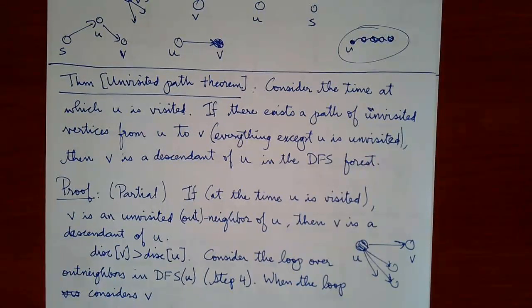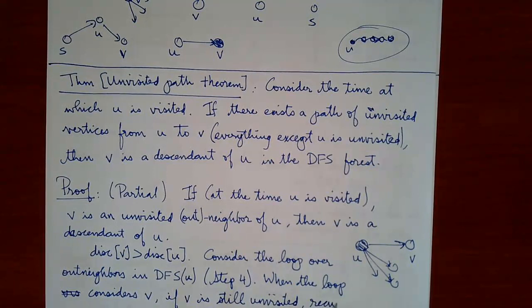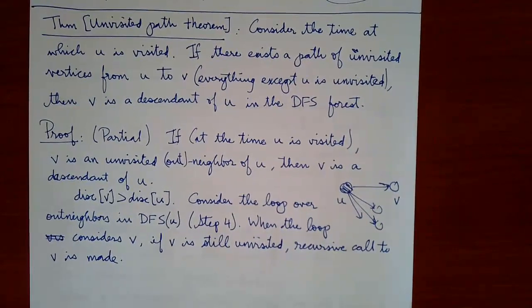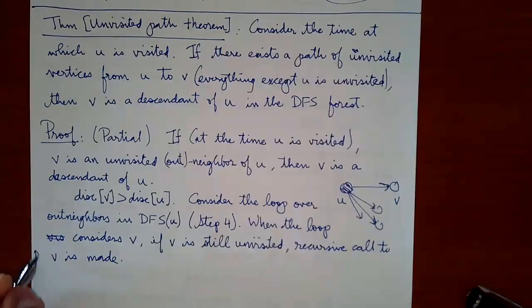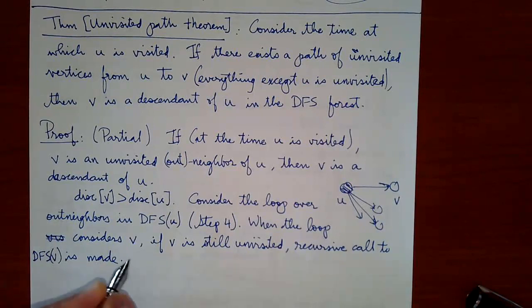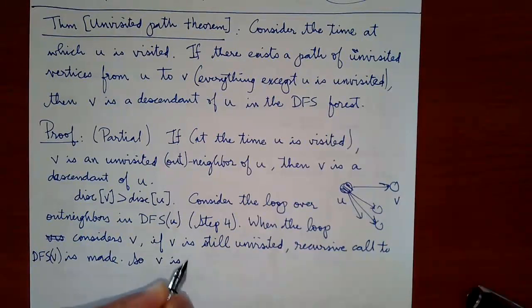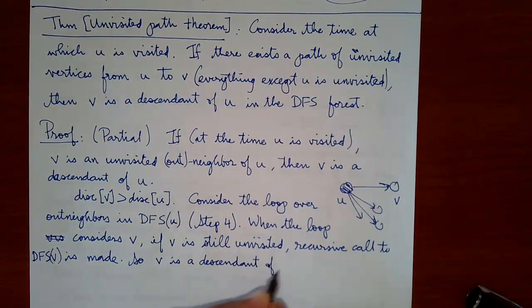So when the loop considers V, if V is still unvisited, then a recursive call to DFS of V is made. So V is a descendant of U.